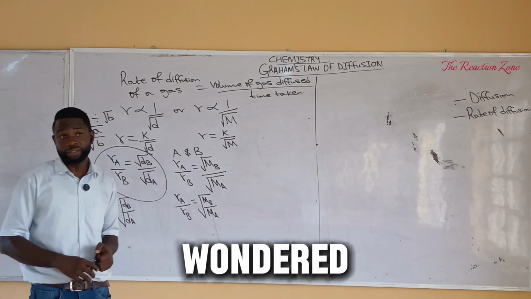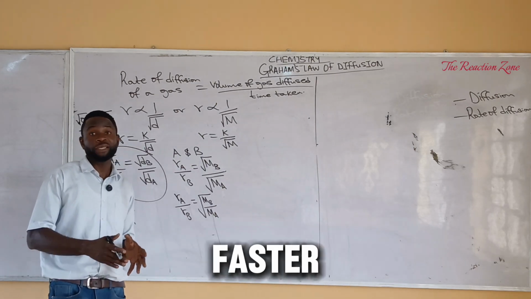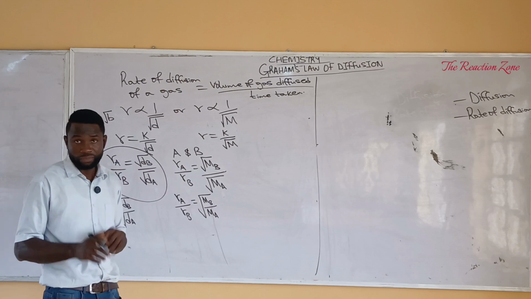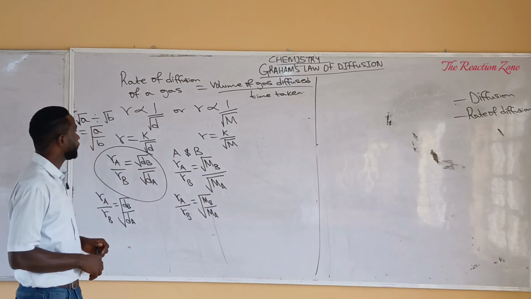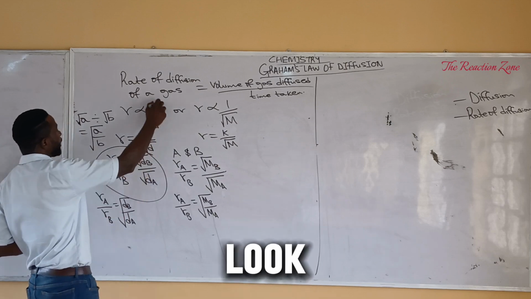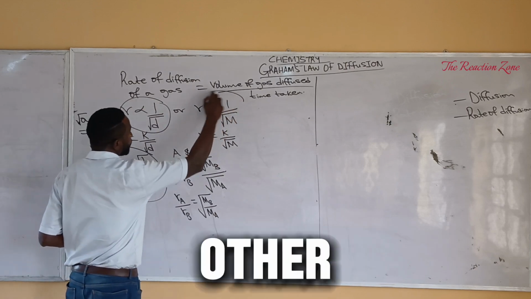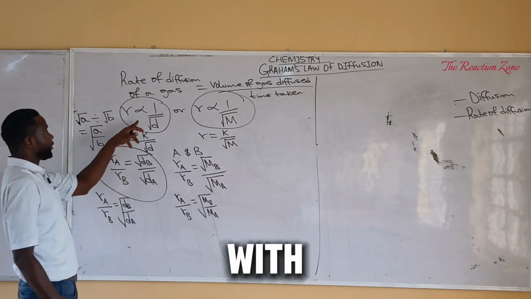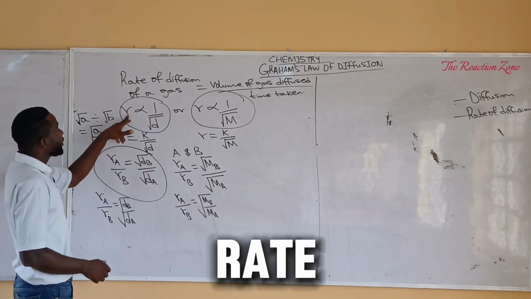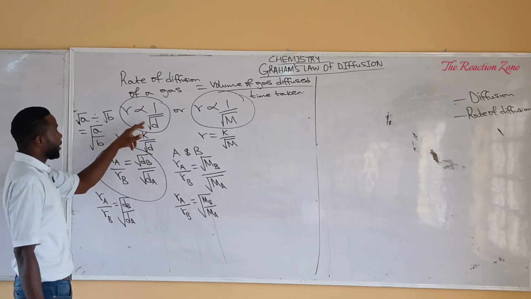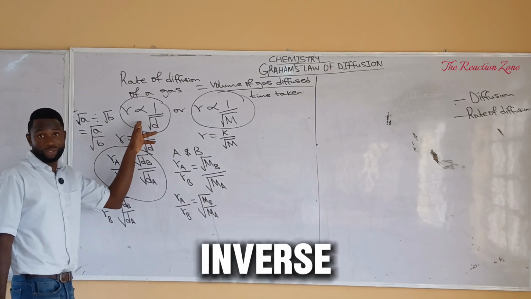Have you ever wondered why some gases move faster than others? Graham's law explains just that. If you come back to look at this expression and this other one here, starting with this, we can see that the relationship between the rate of diffusion of a gas and the vapor density is an inverse relationship.